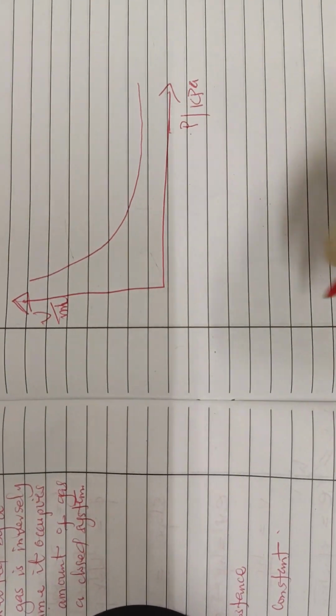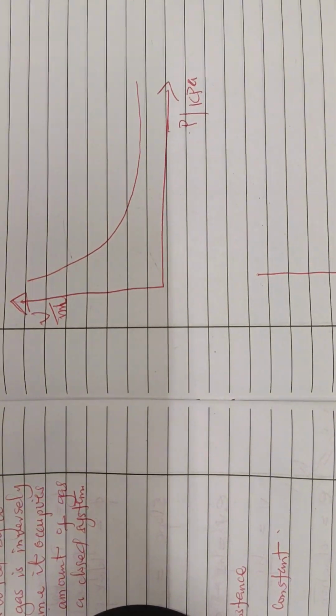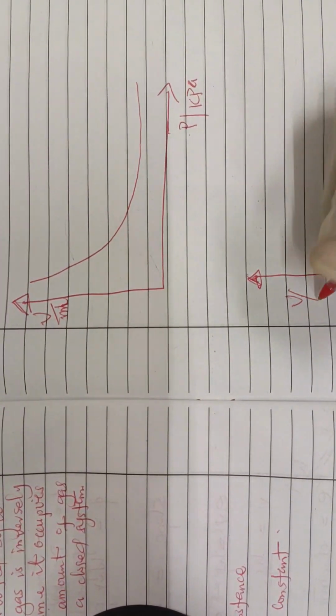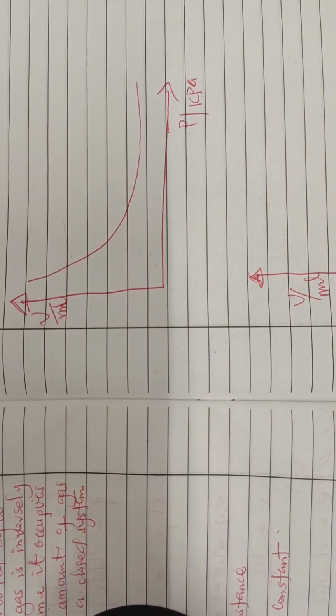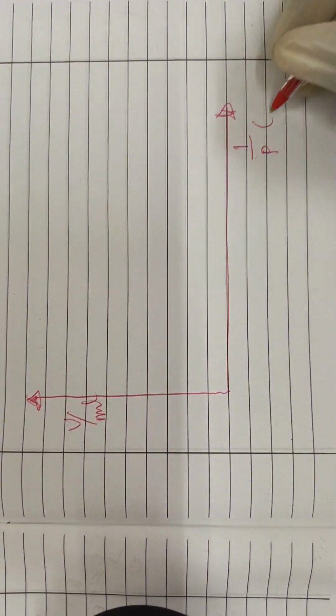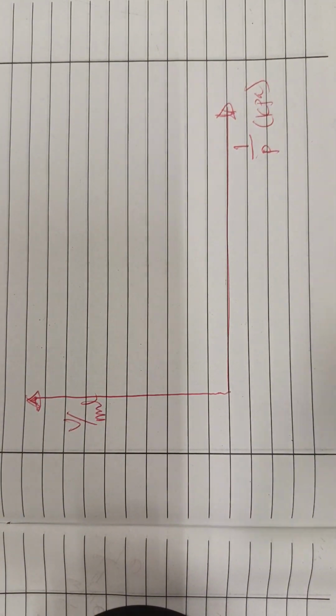Now our second graph is, we will plot V in ml against 1 on P, against 1 on P in kilopascal, right?